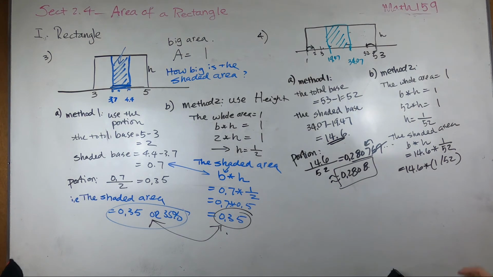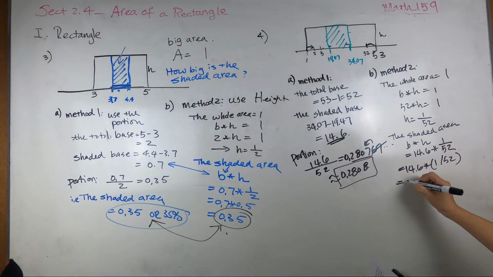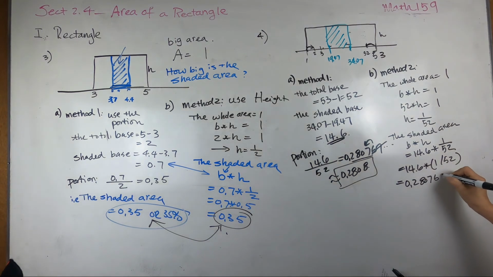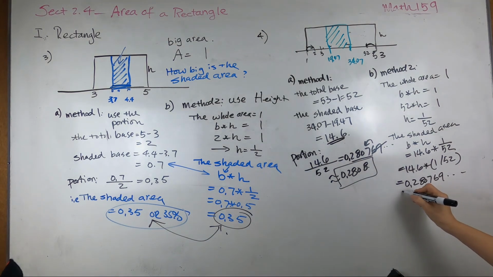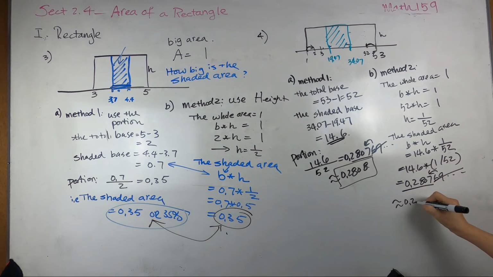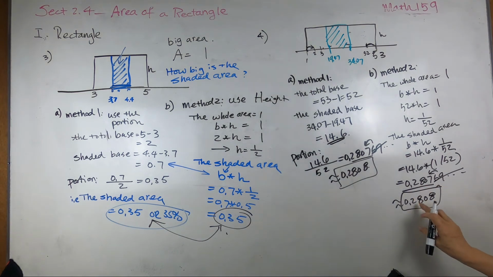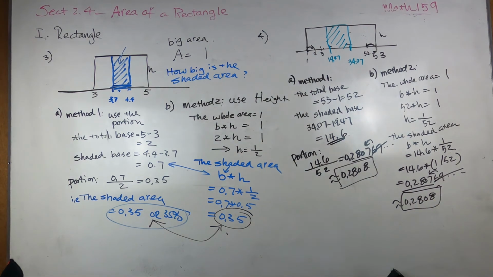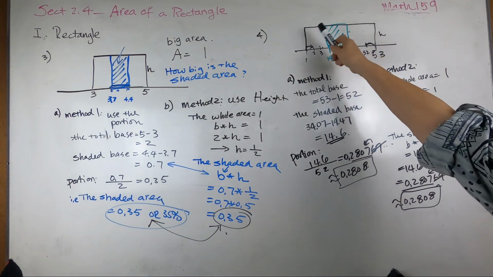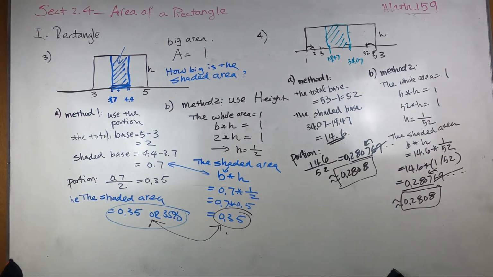You end up with 0.280769, same thing. Then round it to the 4th place, we will have 0.2808. So it's about 28% of the blue area, compared to the whole 100% of the area.